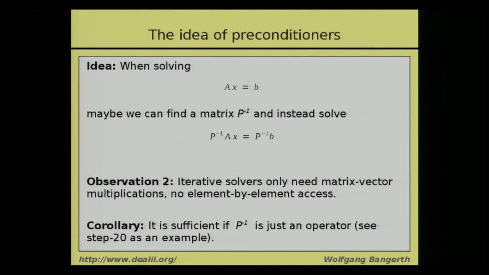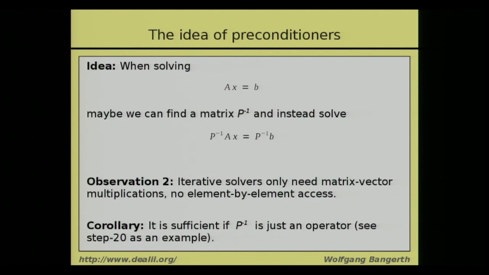Okay, so if I have this, you can go back and think about how these iterative solvers work. If you look at CG or GMRES or any of the other iterative solvers, what you will find is that all of these methods really only need to multiply with this matrix. So in CG, for example, you never really need access to the elements of this matrix A, but all you need to do is give this thing a vector, and it multiplies it with this matrix, and then you get back a vector.